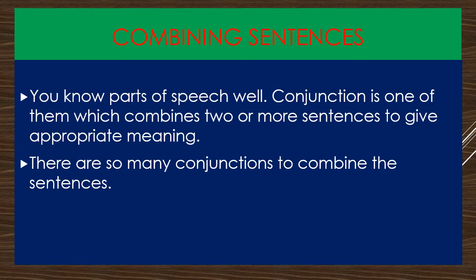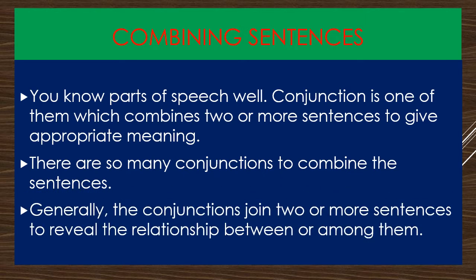There are so many conjunctions to combine sentences. Generally, a conjunction joins two or more sentences or words to reveal the relationship between or among them. Children, this is the function of a conjunction. Now, we discuss one of the conjunctions here.